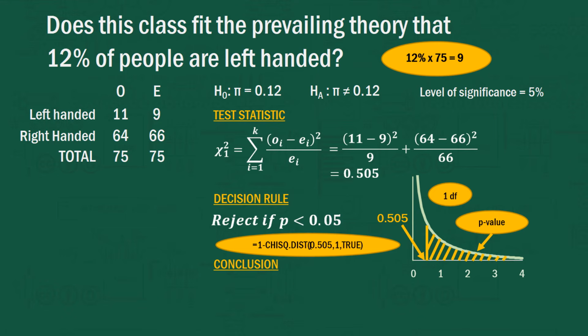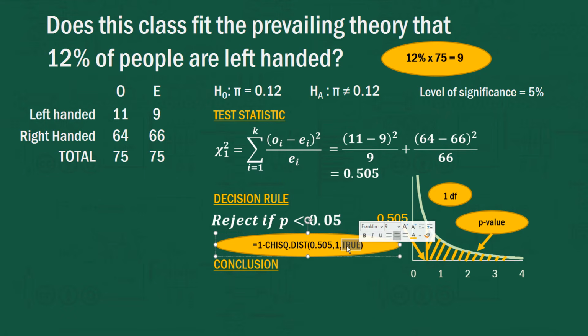Now the chi-squared.inv formula gives you a chi-squared value for a given probability. Chi-squared.dist gives you a probability for a given chi-squared value. Okay, so if we subbed in this chi-squared value of 0.505 and we told it, yes, we want 1 degree of freedom, please, and we want it to be the cumulative distribution.